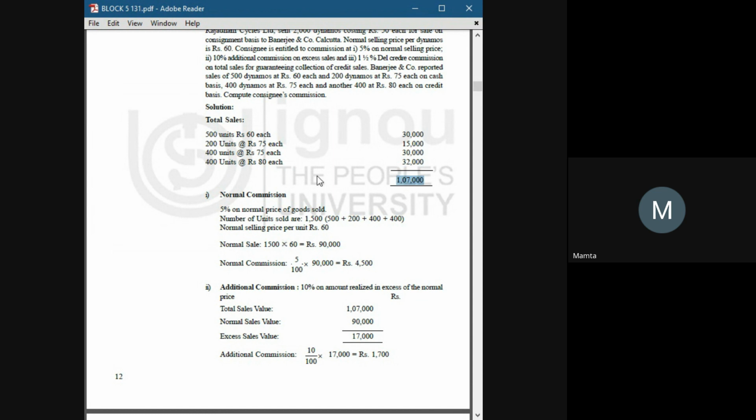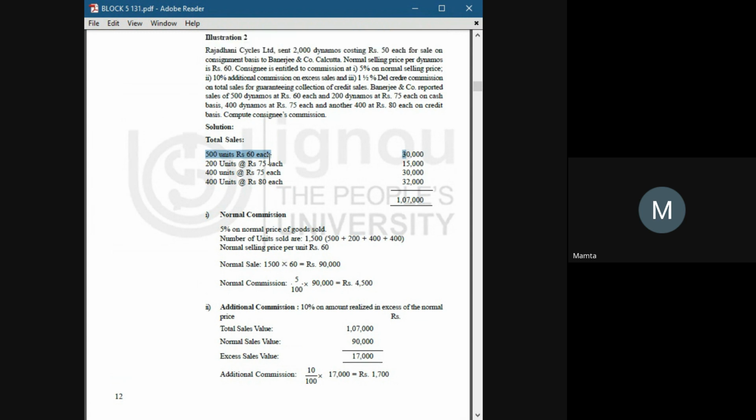1,07,000. Now, normal commission. This point is entitled for the normal commission only. Only 60 is considered for each and every unit.